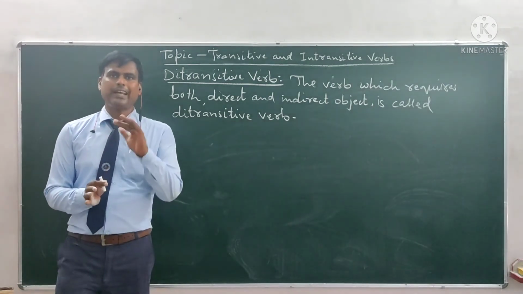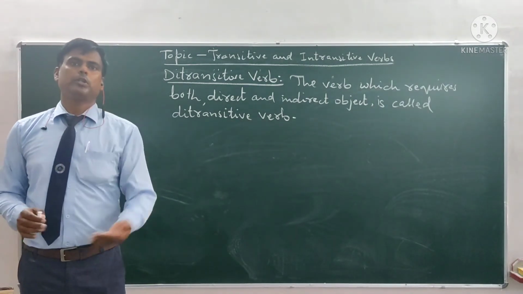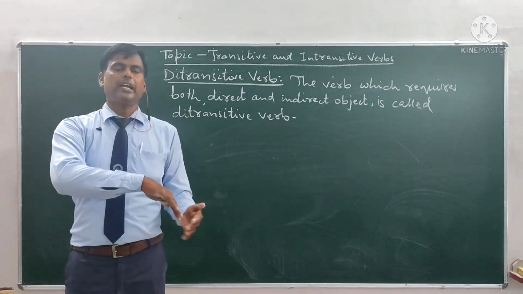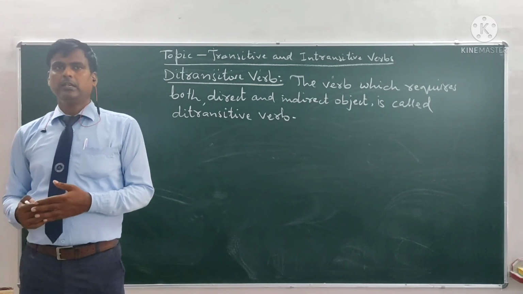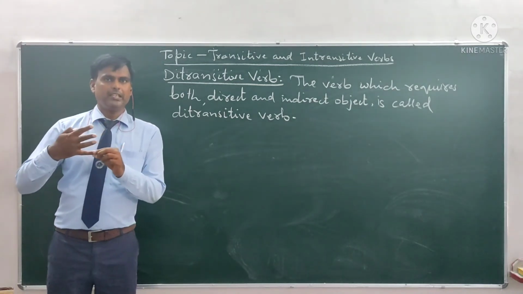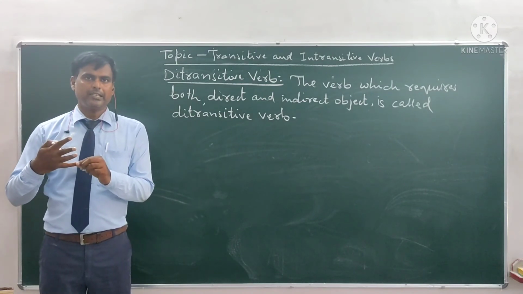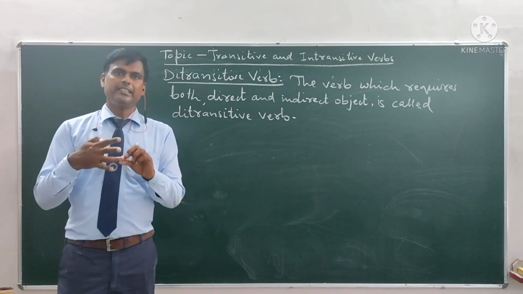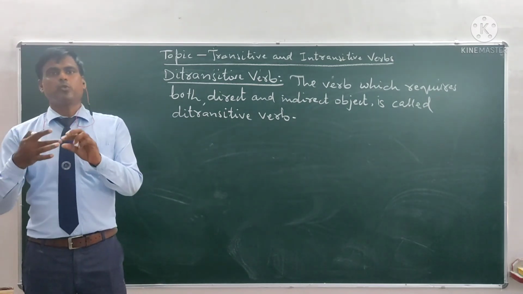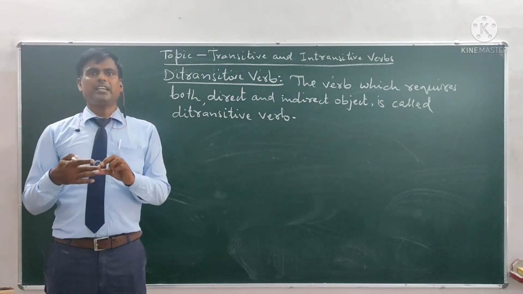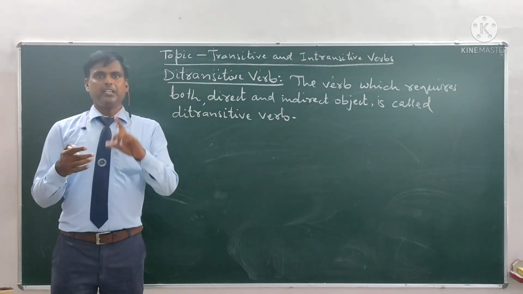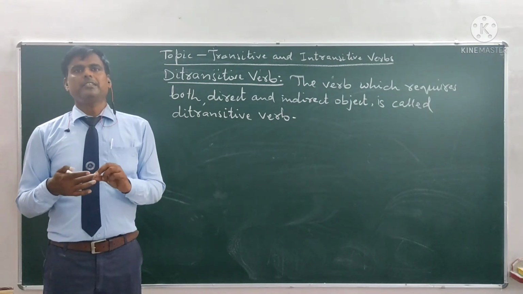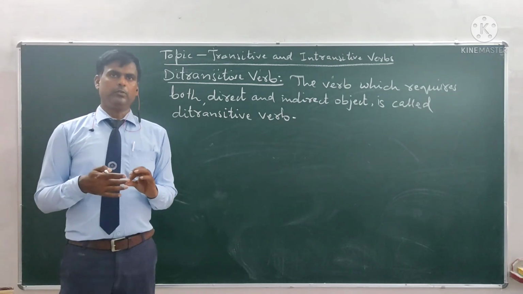It means in ditransitive verb we have both direct object as well as indirect object. If there is not any object in a sentence, it is intransitive verb. If there is only one object in a sentence, then it is transitive verb. If there are more than one object, it means there are two objects in a sentence, it means that verb is ditransitive verb.